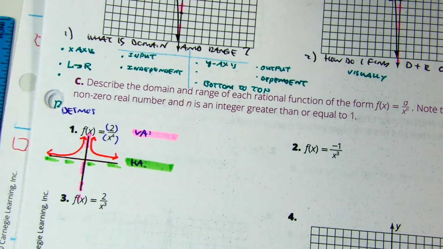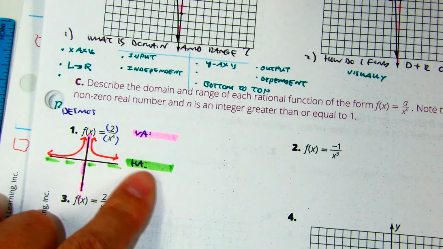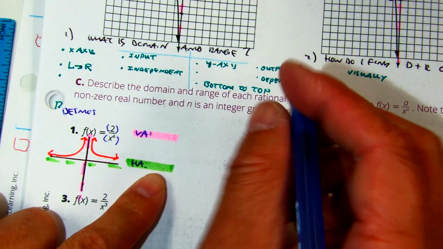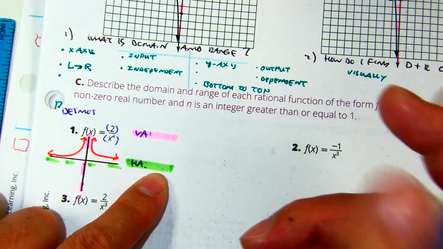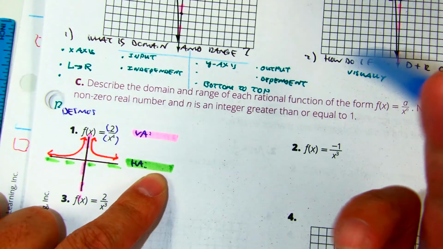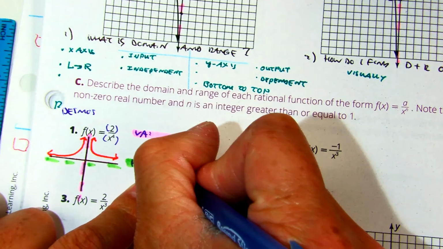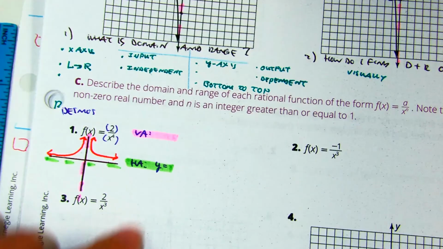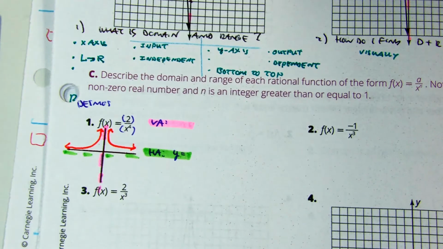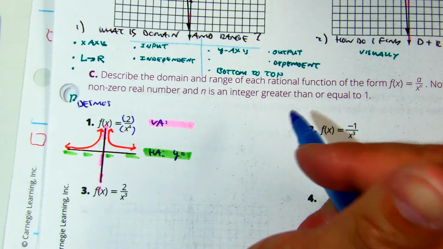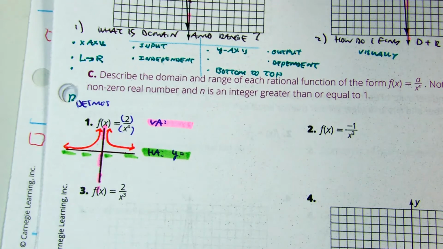Vertical or horizontal? Horizontal. What is your horizontal asymptote? X or Y? Y. Y equals what? I don't know how to answer your question.